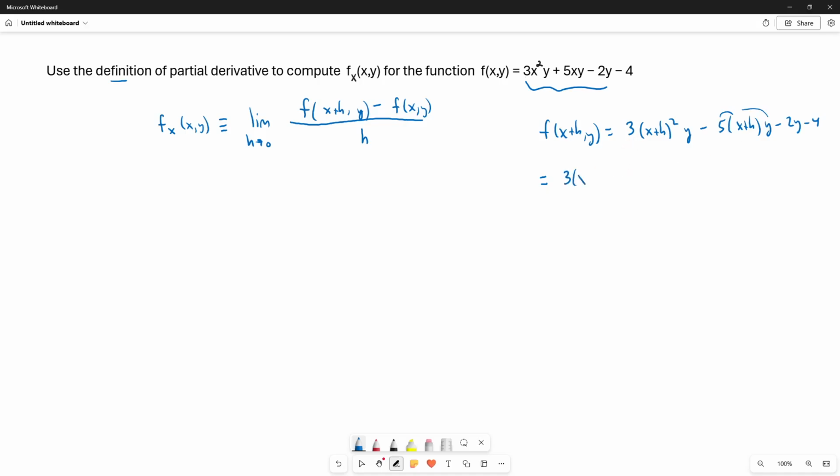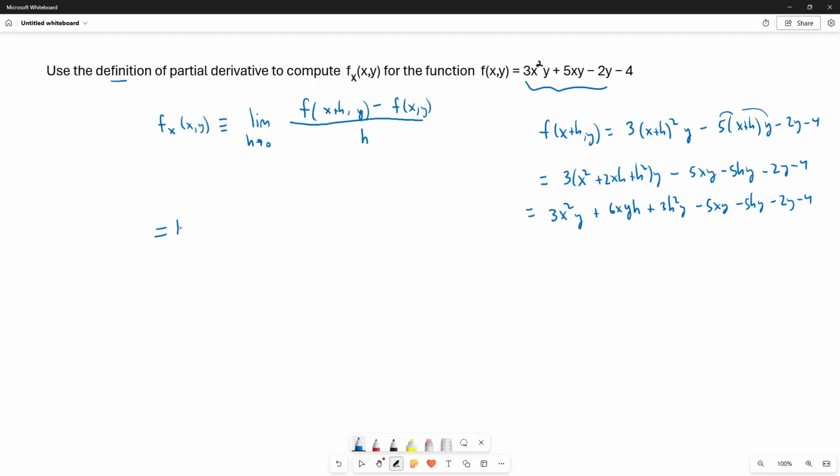So this is 3 times x squared plus 2xh plus h squared times y, and we'll distribute those next, minus, distribute 5y, so we get 5xy, minus, distribute the minus as well, 5hy, and then minus 2y minus 4, and distributing the 3y, this is 3x squared y plus 6xyh plus 3h squared y, and then minus 5xy minus 5hy minus 2y minus 4. So this is f of x plus h comma y.